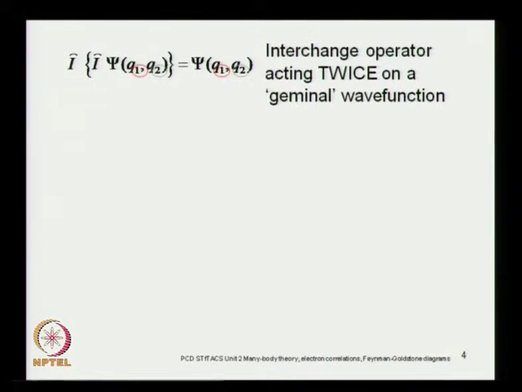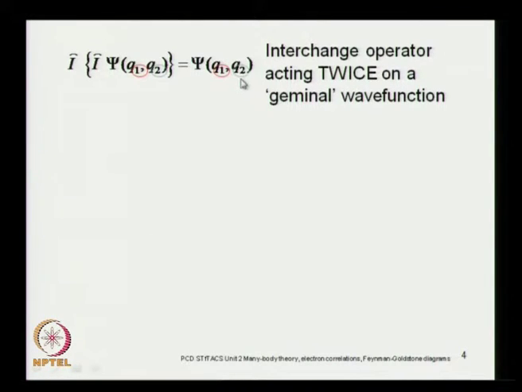Okay. So, if you have two identical particles, one at coordinate q1 and the other at coordinate q2, if you interchange these two particles, and I is the interchange operator, and on the result you carry out the interchange yet again. So, you are carrying out an interchange twice, you naturally expect that you will recover the original state.